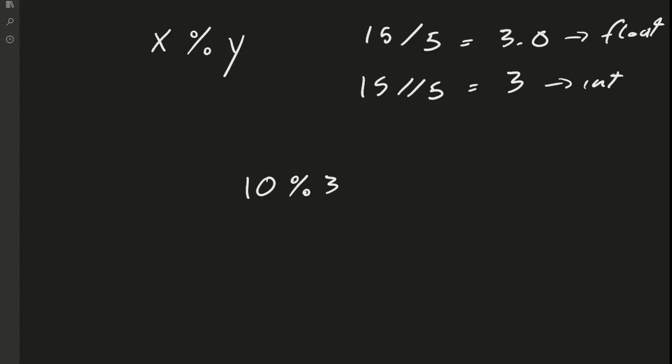So we have 10, and if we want to make 10 with 3s, it's just 3 times 3. That's the closest we could get. So it is 3 times 3 plus 1. And the remainder, 1, is what Python returns as the modulus.